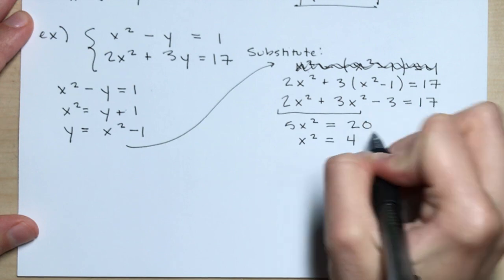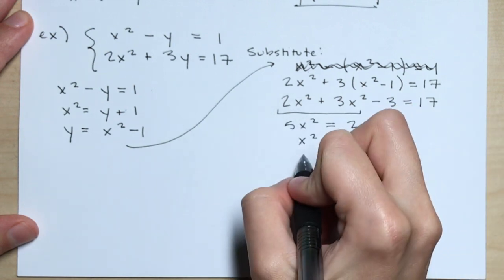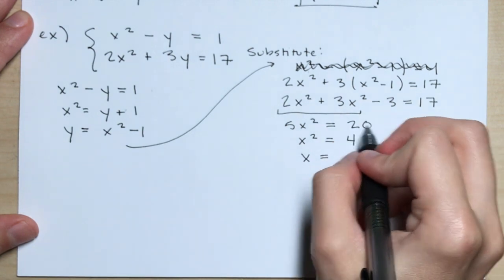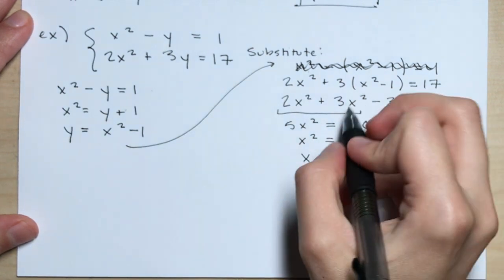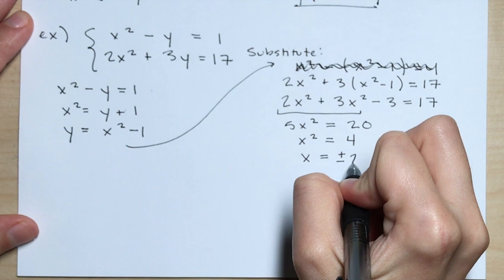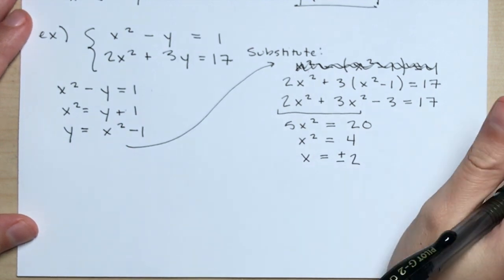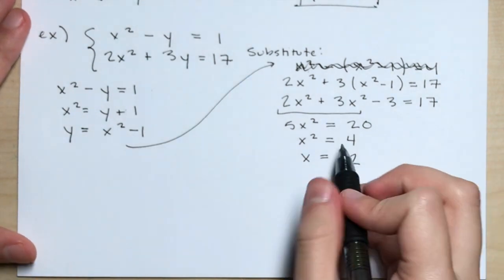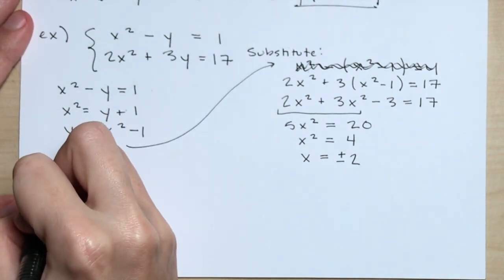I get x squared equals 4. So x is what? Square root of 4, which is positive and negative 2. Don't forget that positive and negative. Okay, so we need to plug both of these in.